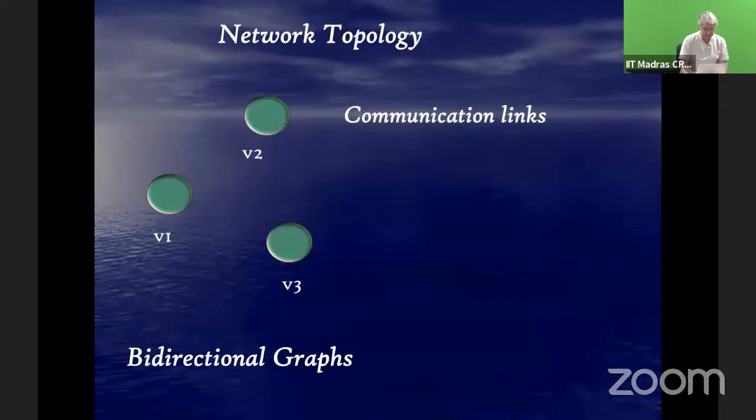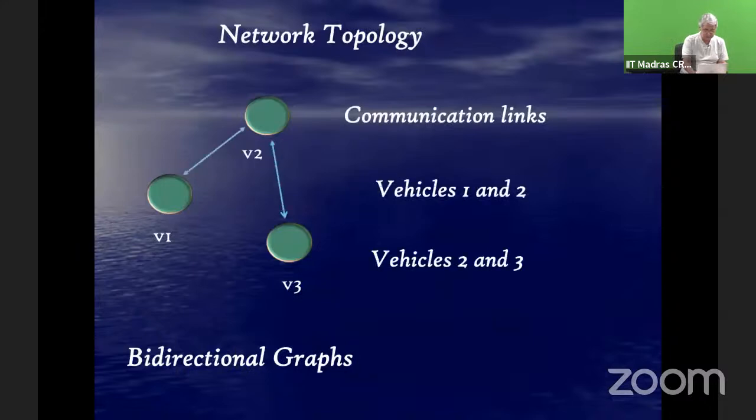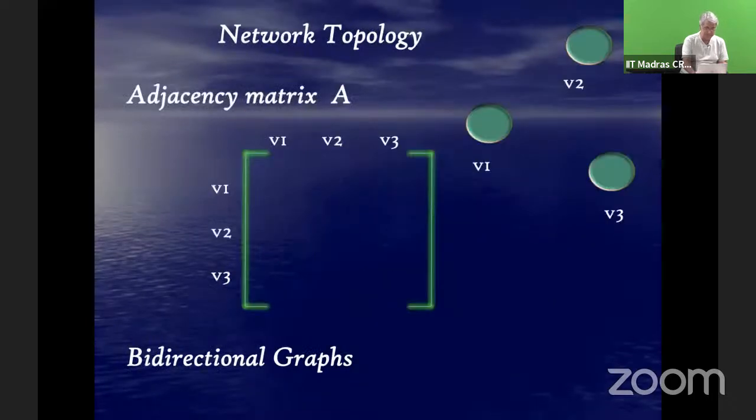Okay, now let me show you. Suppose you have this network topology. Vehicles 1 and 2 communicate, vehicles 2 and 3 communicate. So 1 communicates with 2. 2 communicates with 1 and with 3, and 3 communicates with 2.